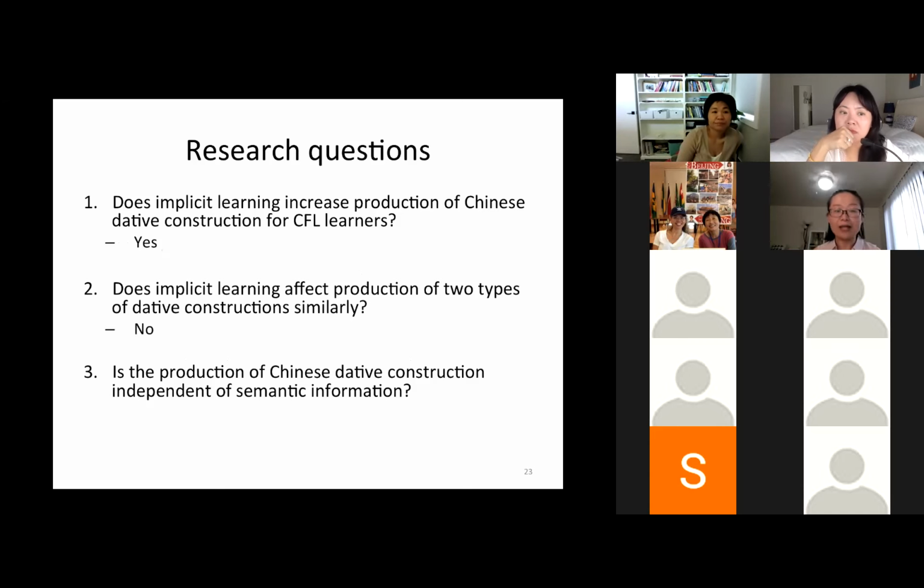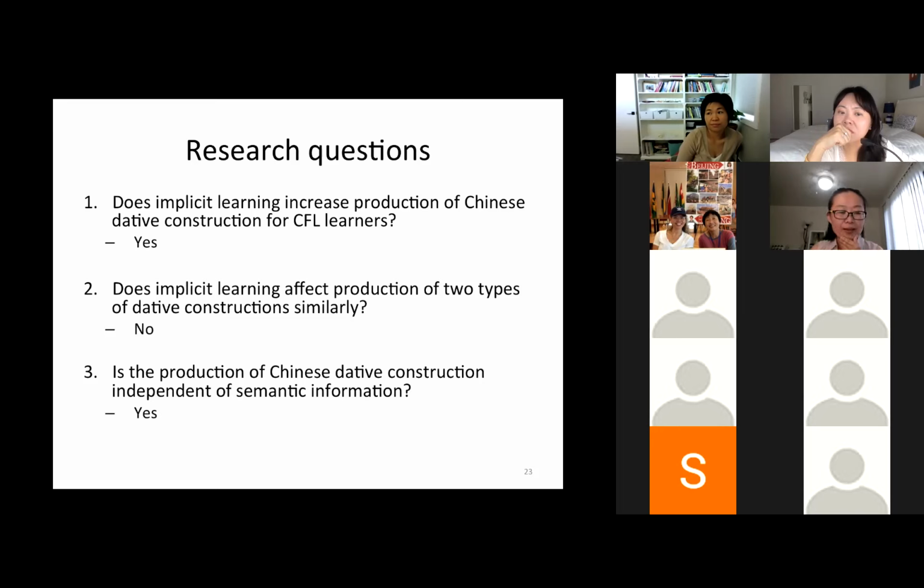Actually, it's no. The PO structure has a bigger structural priming effect, but DO doesn't. The third: is the production of Chinese dative constructions independent of semantic information? Here we didn't find the animacy effect, so the answer is yes.